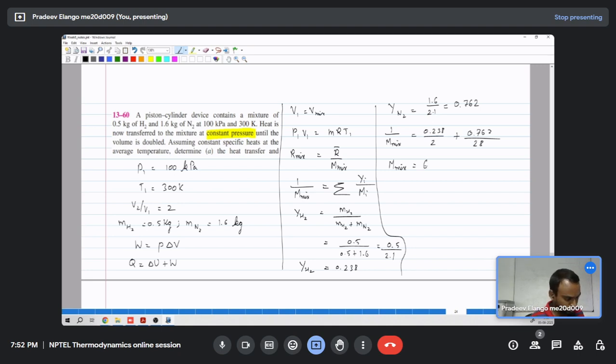This is 6.84. R can be calculated, that is 8314 by 6.84, which is 1215.5 joule per kilogram Kelvin.